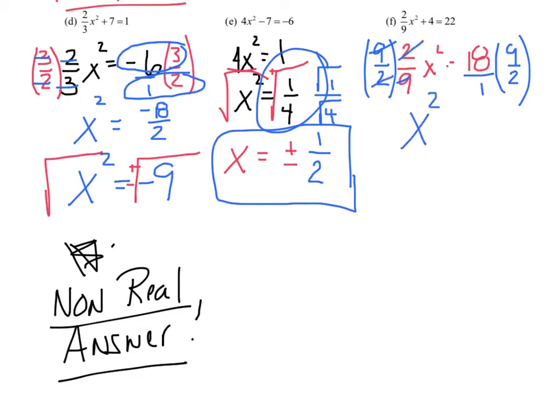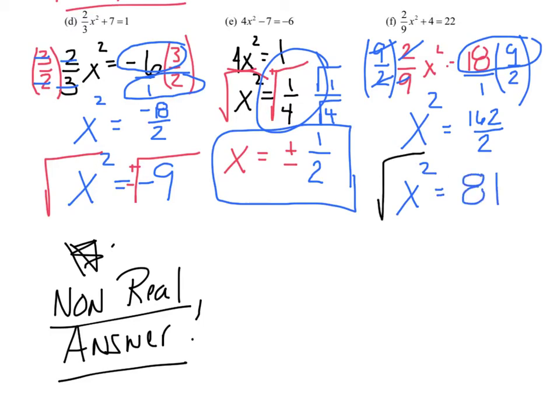So I get x squared equals, let's see, 9 times 8 is 72, carry the 7, so that's 162 divided by 2. And I'm going to clean that up. X squared equals 81. Take my square root, don't forget my plus minus, and I get x equals plus or minus 9.